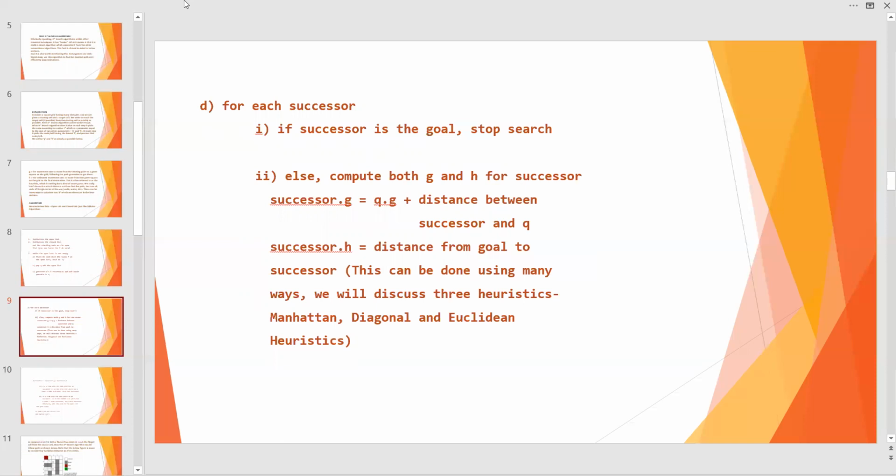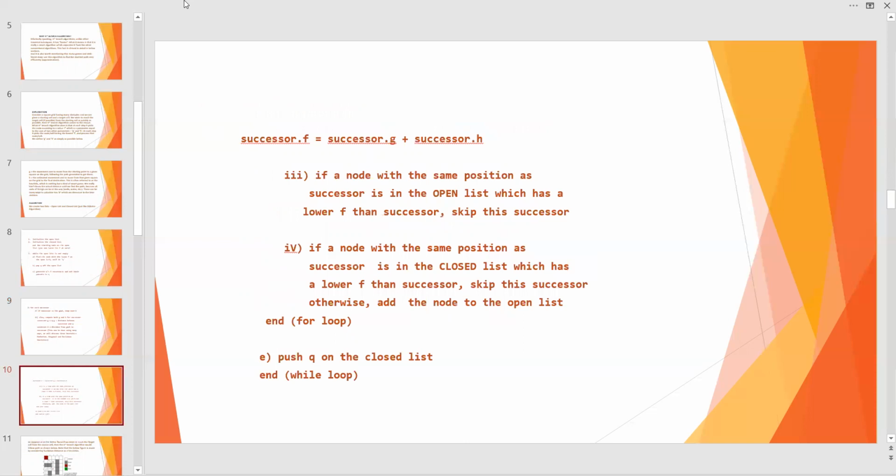This can be done in many ways. We will discuss three heuristics: Manhattan, diagonal, and Euclidean heuristics. successor.f equals successor.g plus successor.h.